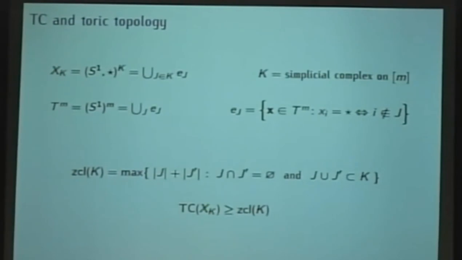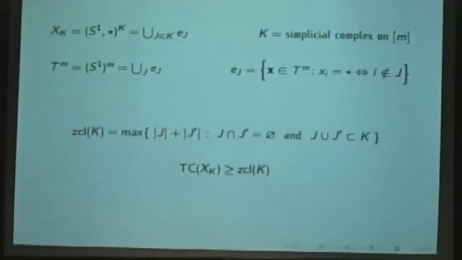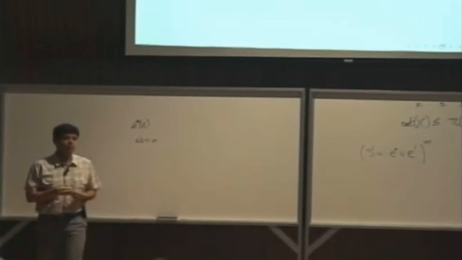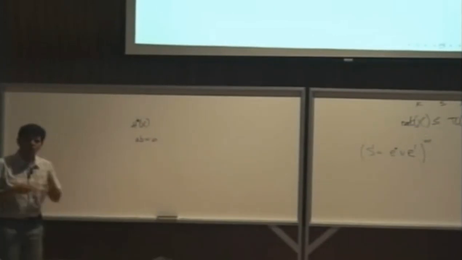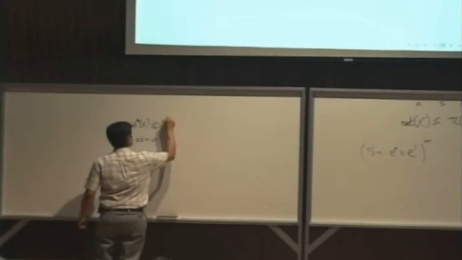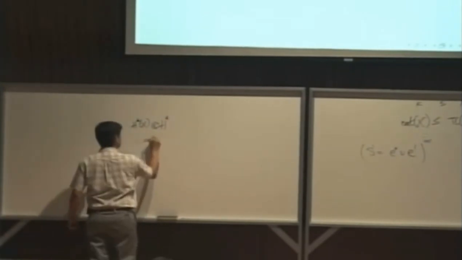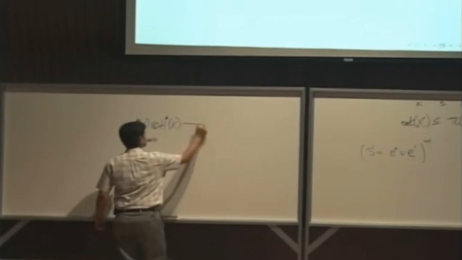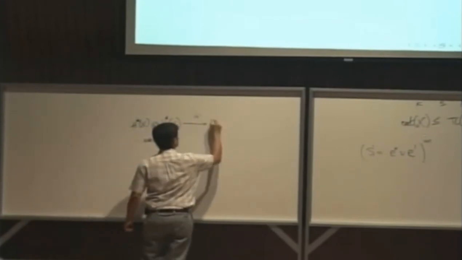What you have to do is consider the cohomology algebra of X and look at the zero divisors. The zero divisor is just a pair A, B so that the product is zero, where none of the factors is zero. Or more generally, a zero divisor is an element, think of A tensor B, which lies in the kernel of the cup product.